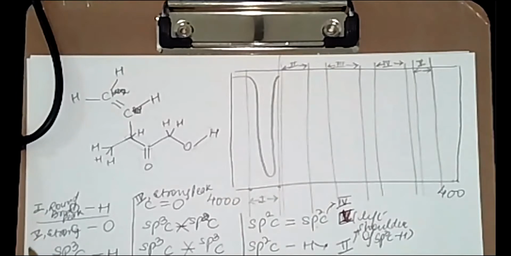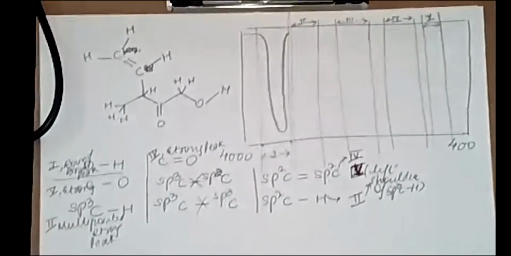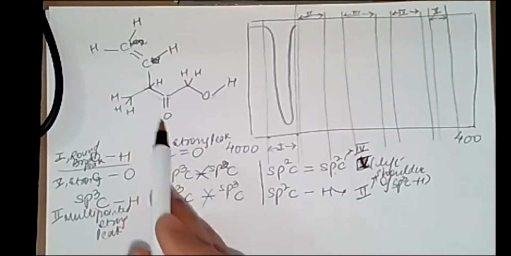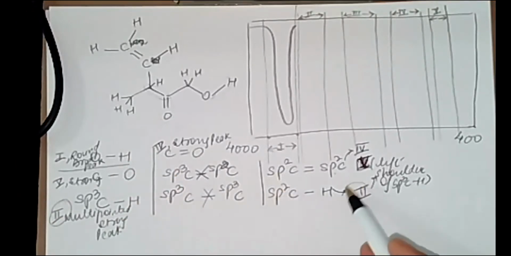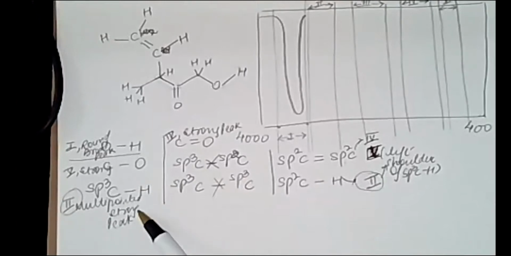From region 1, let me go to region 2. Now in this particular molecule, I have 2 peaks that appear in region 2: the multi-pointed strong sp3CH and the weak sp2CH also.